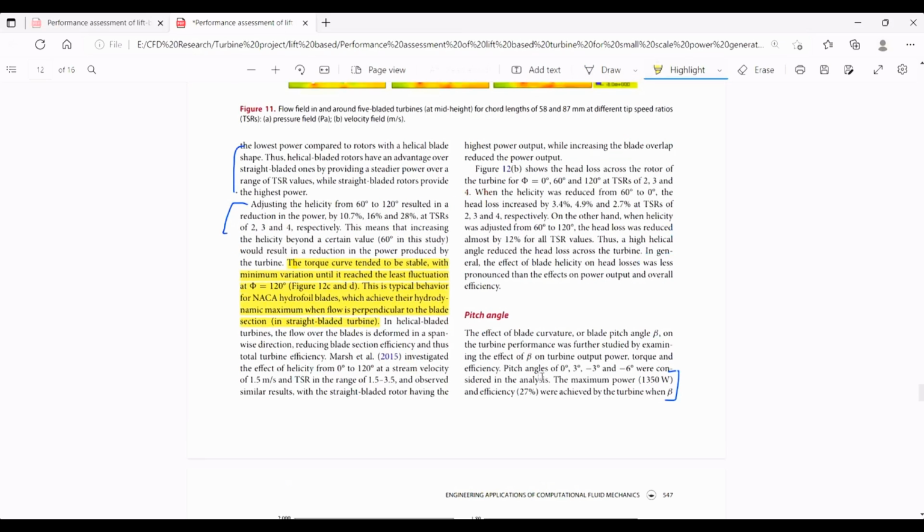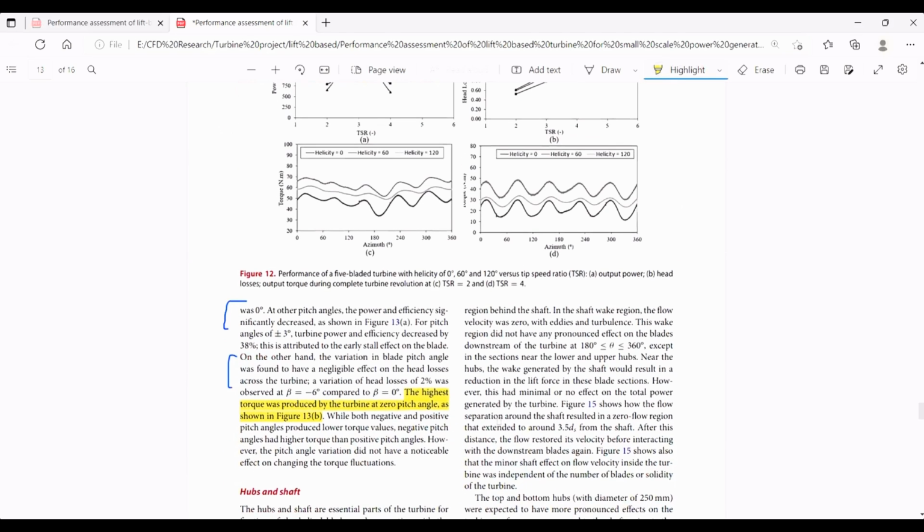He also studied the effects of pitch angle on the parameters of the turbine, and for that he used pitch angles of 0 degrees, 3 degrees, minus 3 degrees, and minus 6 degrees. He found that the maximum power of 1350 watts and efficiency of 27% were achieved by the turbine when the pitch angle was at 0 degrees.